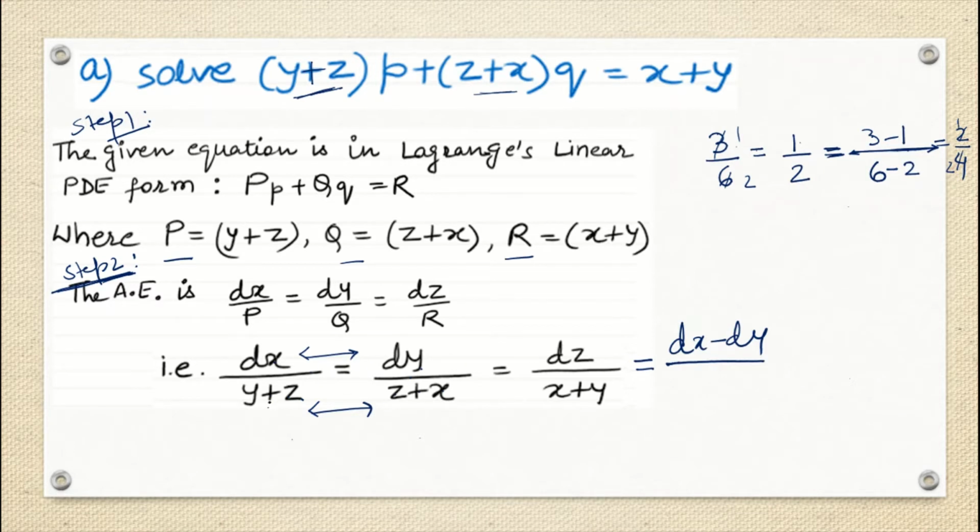It will give me y plus z minus z minus x, that is, minus (z plus x). So these two denominator terms I am subtracting. It is going to give me dx minus dy divided by, z will get cancelled, and it is nothing but y minus x.